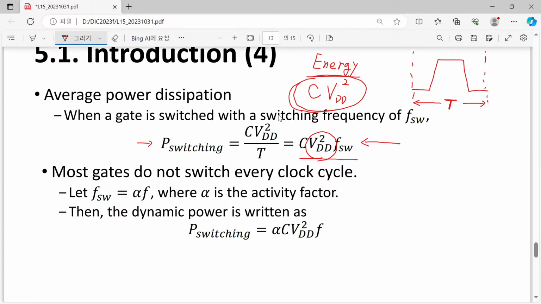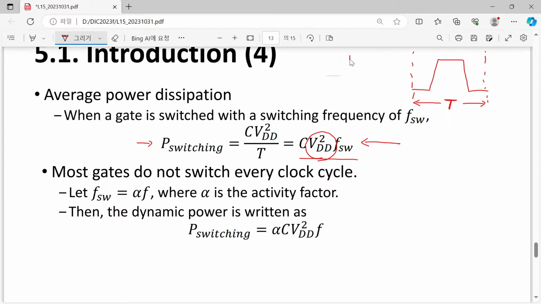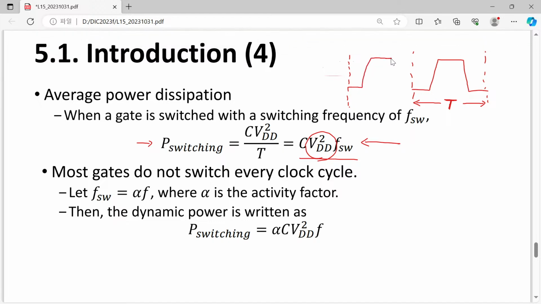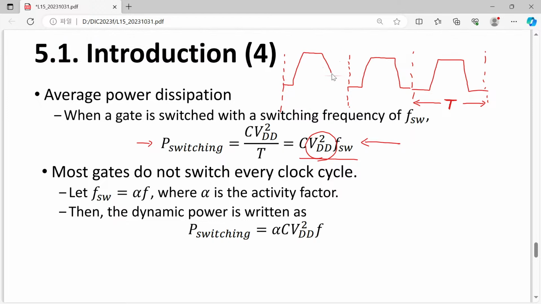But now let's think about this case. In a certain case, our waveform is given this way, and let's say this is the period T. Then every period T, we will spend C times VDD squared.